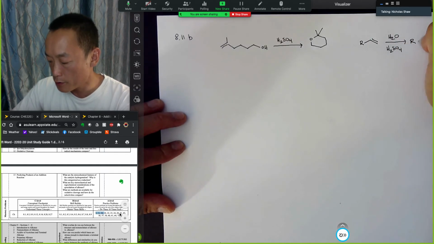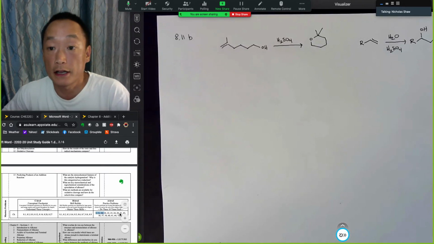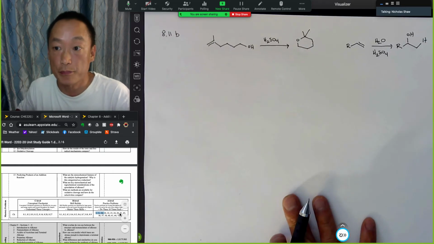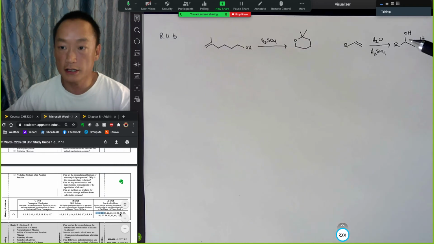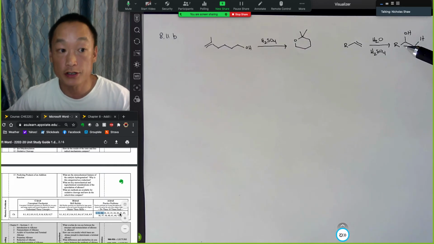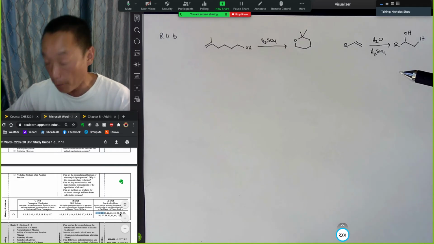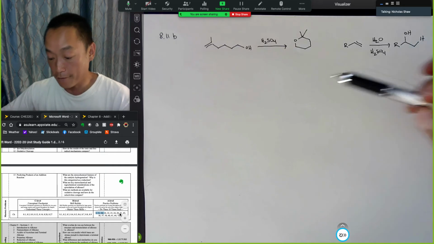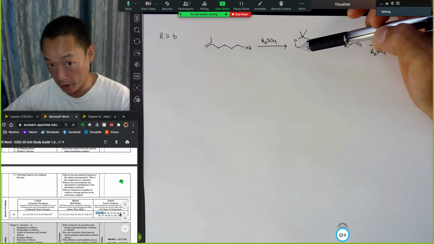And if we were to do that, we would expect to add water across that double bond in a Markovnikov addition type process. So something like this. Is what we know about addition of water to sulfuric acid in any way helpful in trying to figure out how this reaction took place?